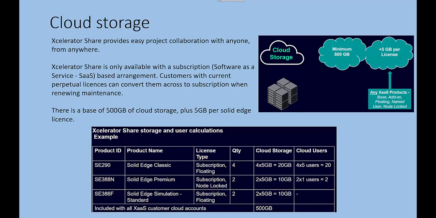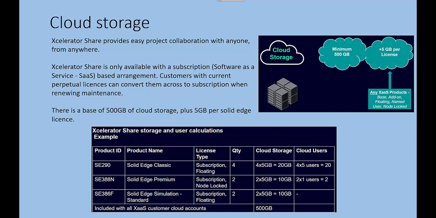One of the main things that you get with Accelerator Share is cloud storage. So for each site, you will end up with a minimum of 500 gigabytes of cloud storage, and for each license, you'll add in an extra 5 gigabytes of storage.